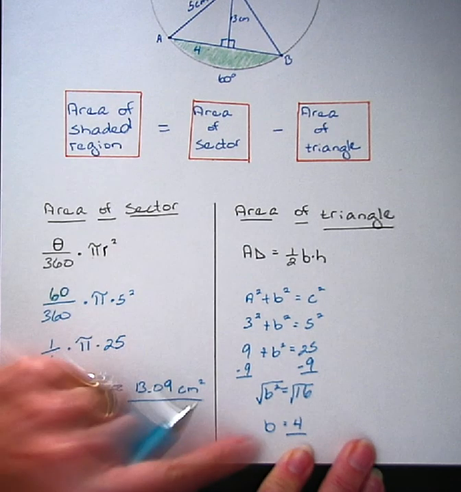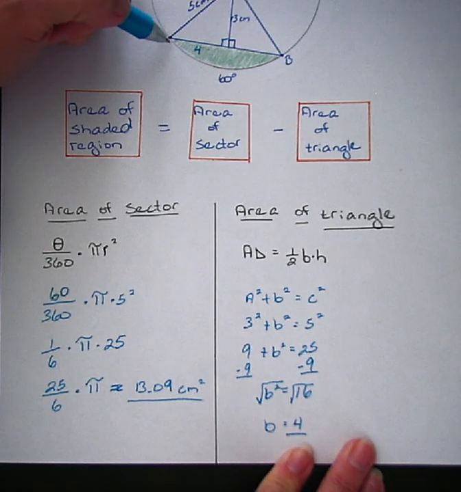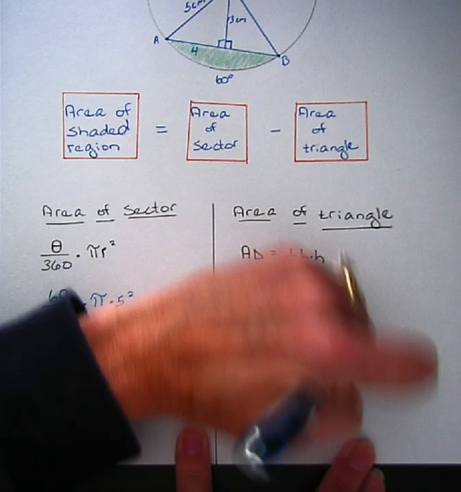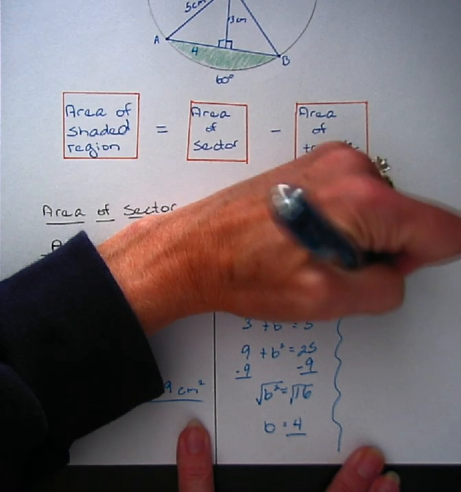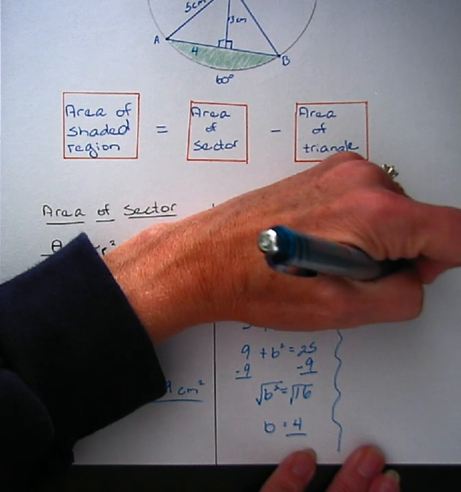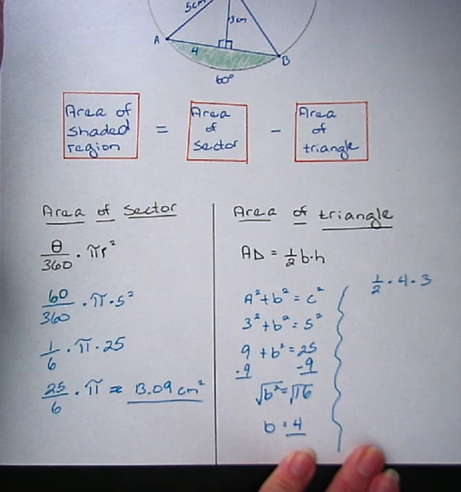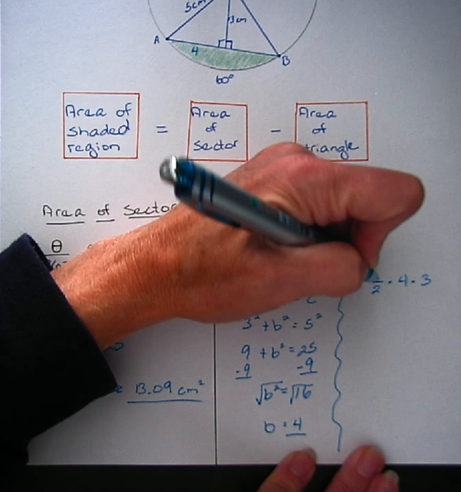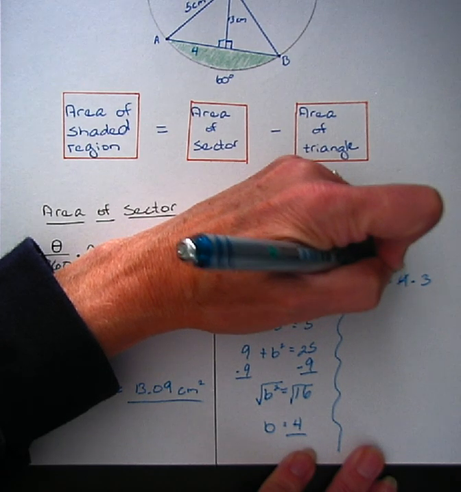Okay, so now I have enough that I can find the area of this small triangle. The area of one of the triangles is going to be 1/2 my base, which I just found out is 4, times my height, which is 3. I can do some simple simplification. 2 divided by 2 is 1, and 4 divided by 2 is 2.